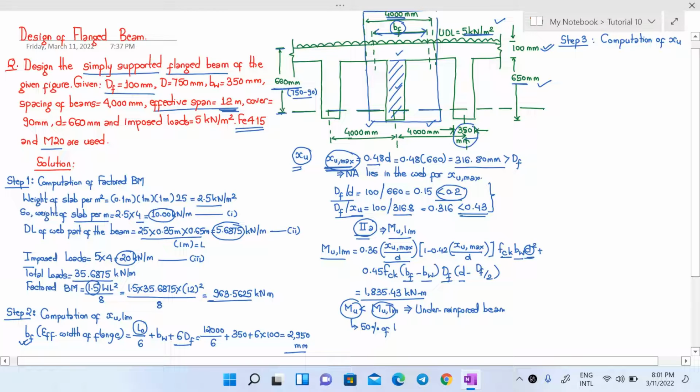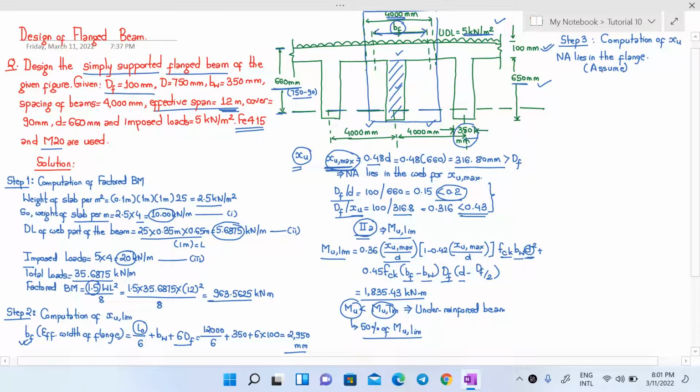That means very much less as compared to the limiting moment values. So what we will assume here is that our neutral axis lies in the flange. This is our assumption. We will check later whether our assumption is true or not.